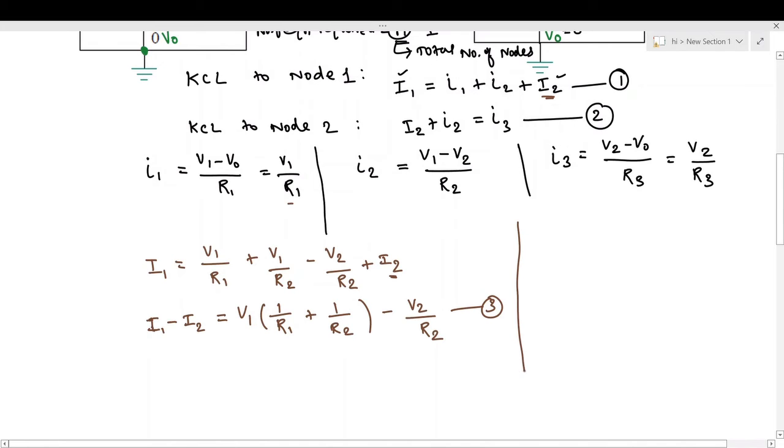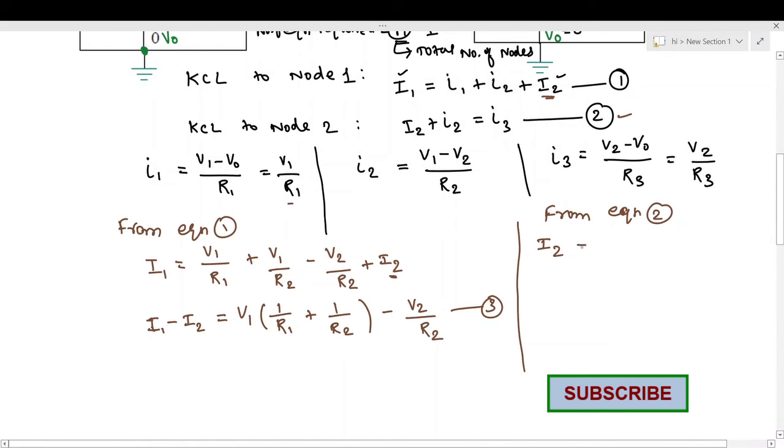Fine. Next we will take equation number 2. From equation 2 we will write capital I2 plus small I2. Small I2 will be V1 minus V2 by R2, which is equal to small I3. Small I3 will be V2 by R3.